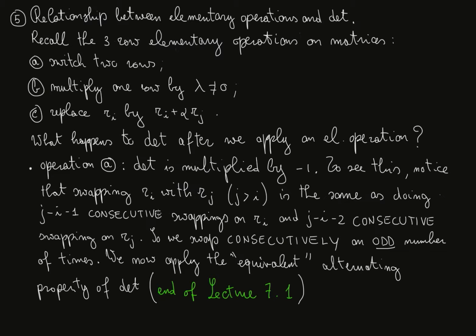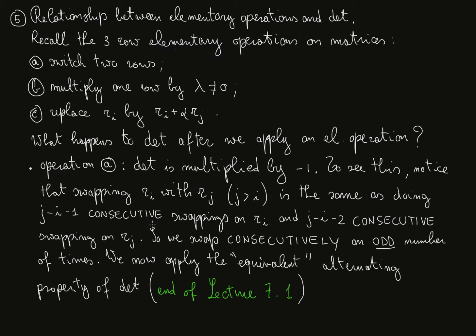Therefore, the combination of these consecutive swappings on Ri first and Rj afterwards will have as a result just the switching of the row Ri with Rj and leaving all the other rows of the matrix unchanged.